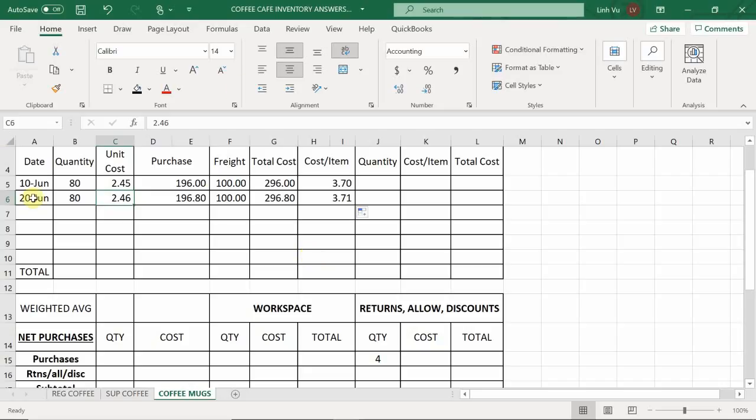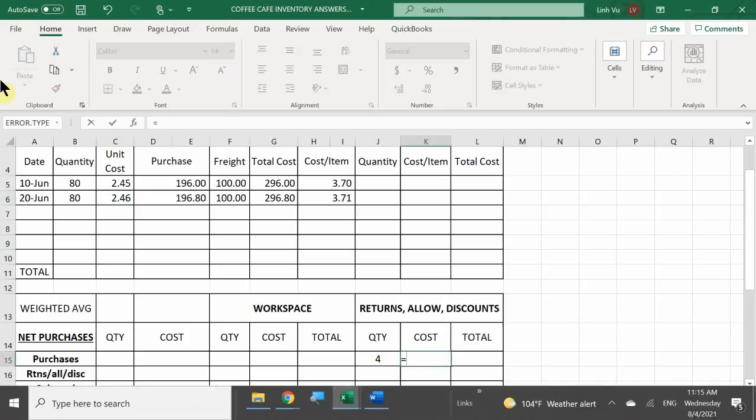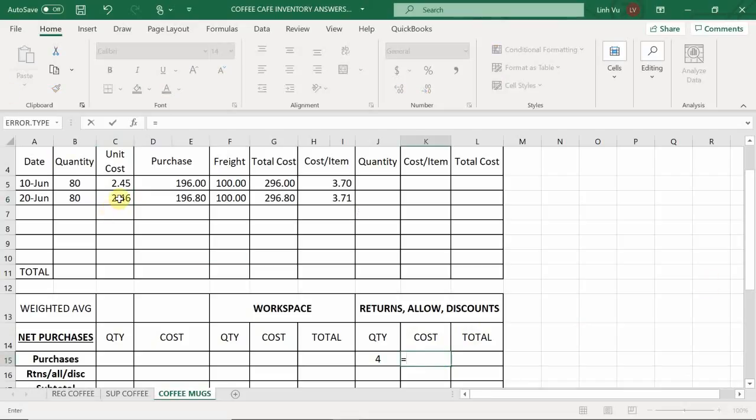Right? So in this case, I can only refund it for the original selling price, which in this case, I purchased at $2.46 each cup, right? For my second batch of inventory, which I purchased on June 20th. So I can only refund for the $2.46 each item.